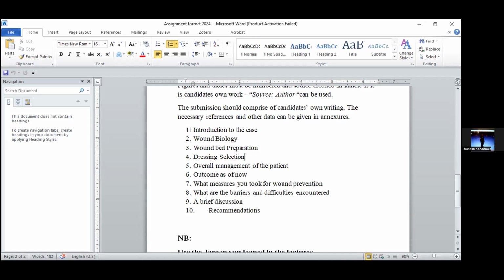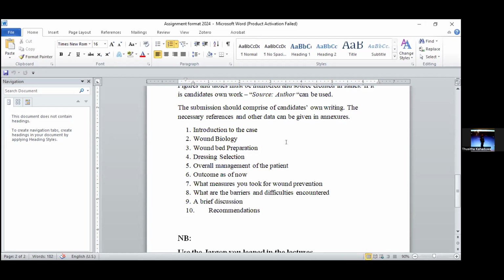So anyway, introduction to the case is just like any other case introduction that you all have done in the med school. What kind of a patient, you should not put the real name, no. So the patient X so many years, comorbidities and so on.